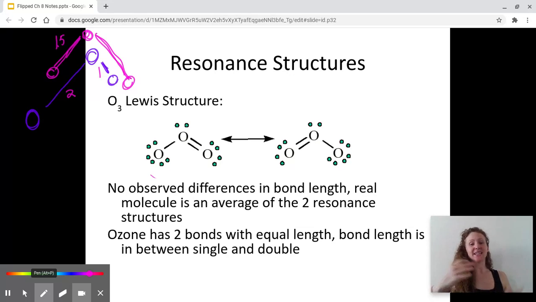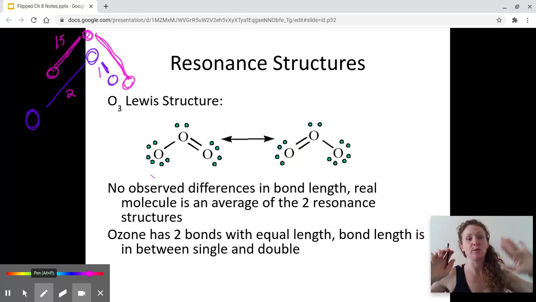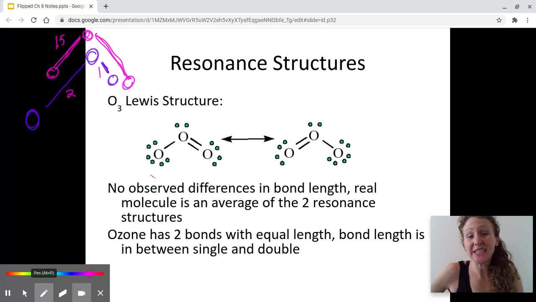But this is the idea: we can have the double bond on the right, we can have the double bond on the left. It should lead us to multiple ozones, but what we observe in reality is neither one actually occurs.